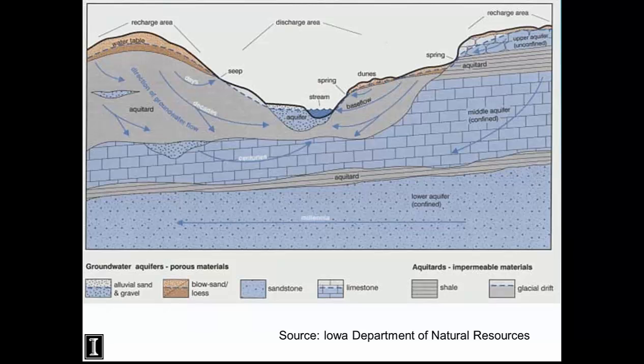And so it depends on, some of this water will seep into the ground, and a few days later will seep out, as it shows on the diagram. Other water may go deeper, and it may be decades before it actually comes out of the stream. And very deep systems get very little recharge, but the water that goes through that aquitard that's shown there to get into the lower confined aquifer, it may be flowing a completely different direction and have a much different flow system than everything else.